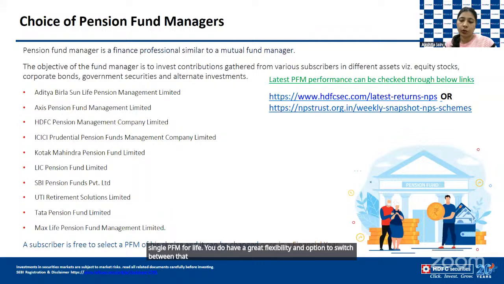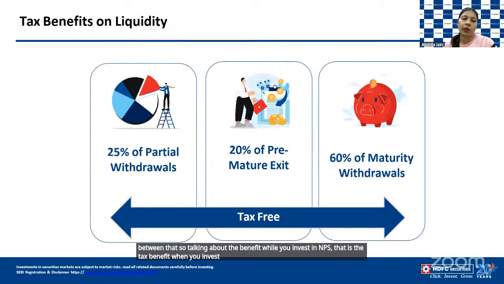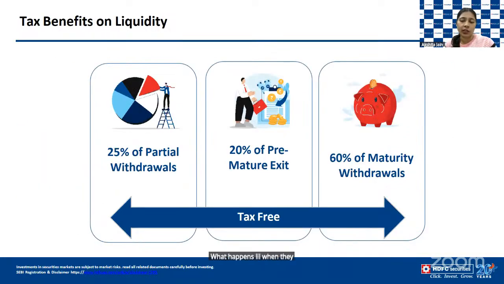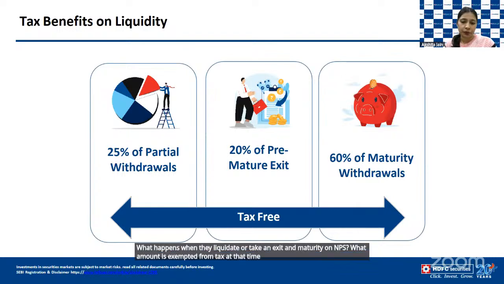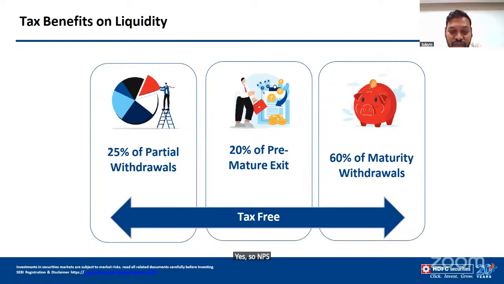So, talking about the benefit while you invest in NPS, that is the tax benefit when you invest. What happens, Lyle, when they liquidate or take an exit and maturity on NPS? What amount is exempted from tax at that time? Yes, so NPS also provides you with the option of tax-free withdrawals.